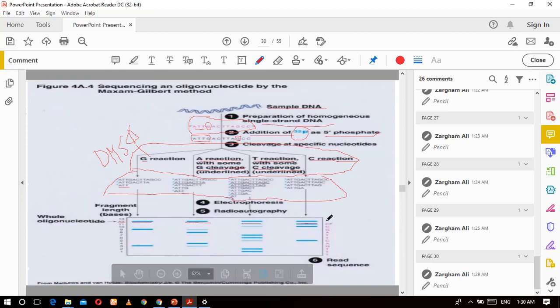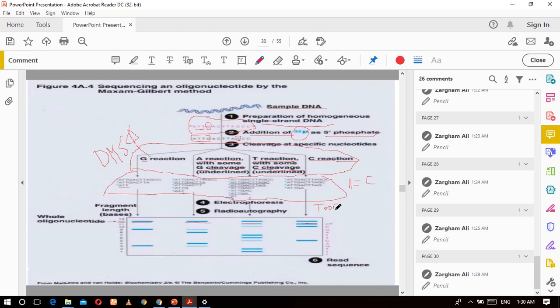At sequence number 11 we have a C, cytosine. We can also see that at exactly 11 we have another band in the T reaction, which could be T or C.